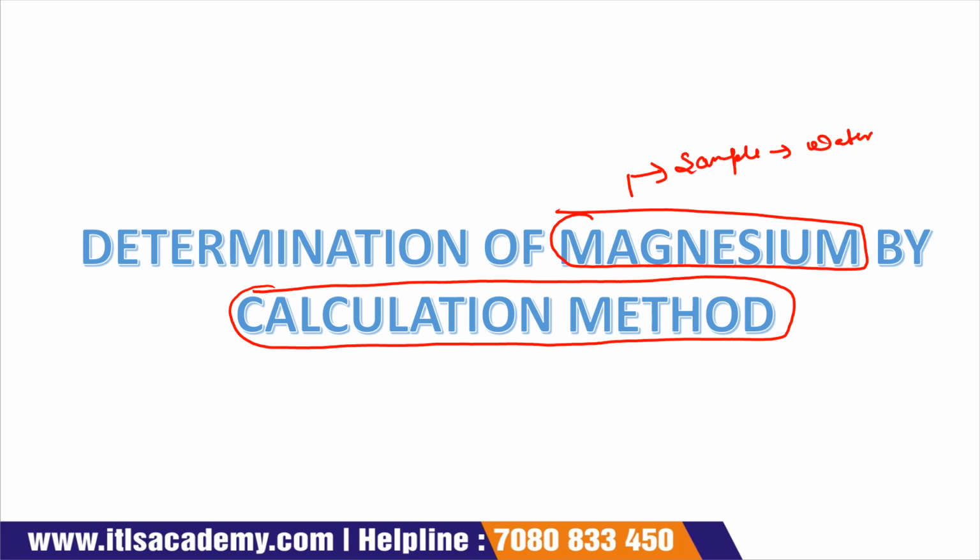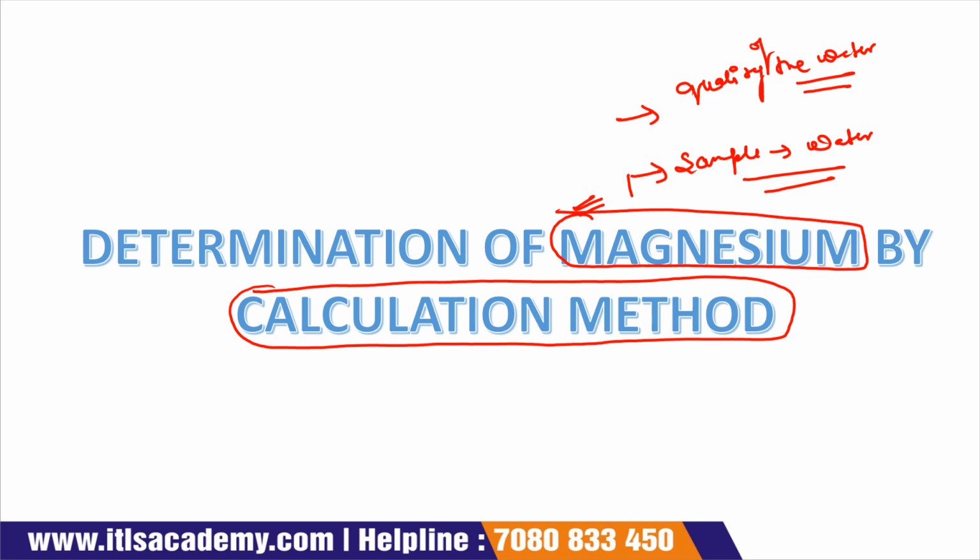The first thing is that the amount of magnesium decides the quality of the water. For the determination of the quality of the water, we have to determine the magnesium concentration in the water.